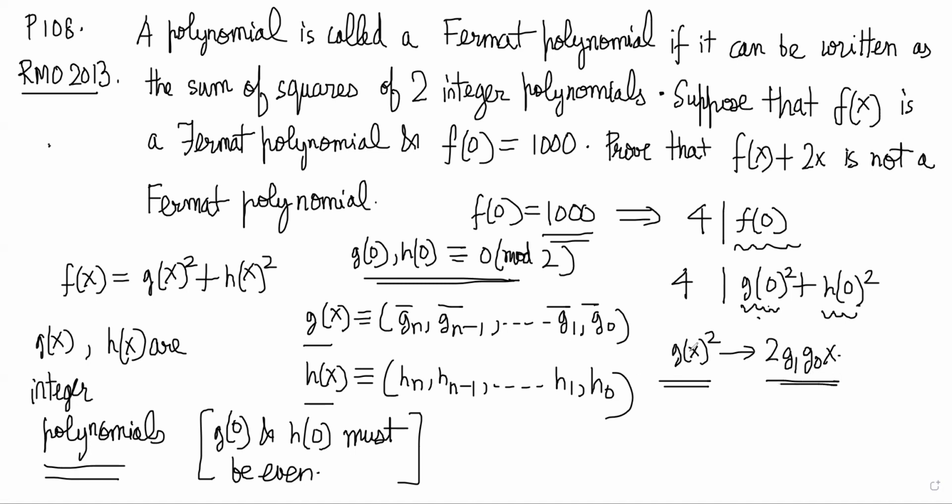Think about how you would square g of x and get the x term from there. The only way you can get the x term is to multiply g1 x with, okay, I will just show this in the next screen.